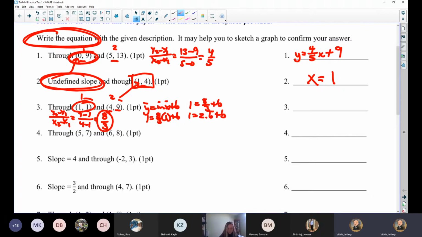So to get b all by itself, what do I have to do? How do I get b all by itself? Subtract 2.6. Right, I'm going to subtract 2.6 repeating from both sides. So that's gone here, and I'm left with b equals 1 minus 2.6 repeating, which is negative 1.6 repeating.